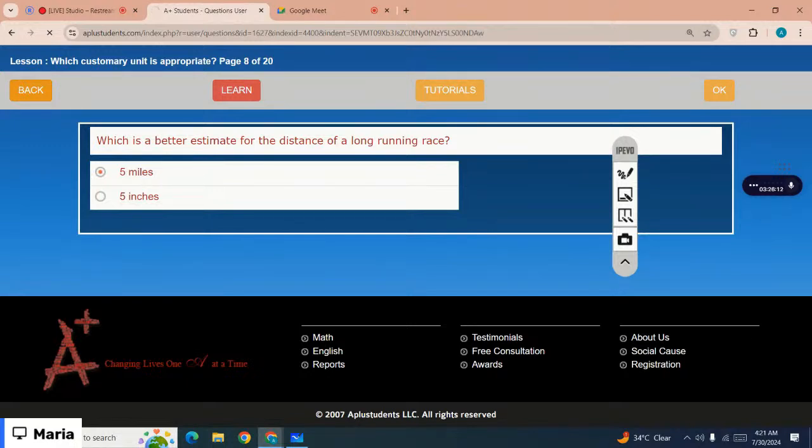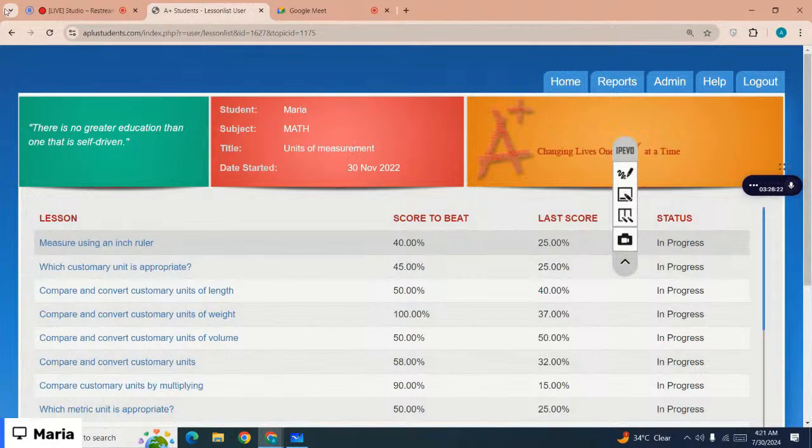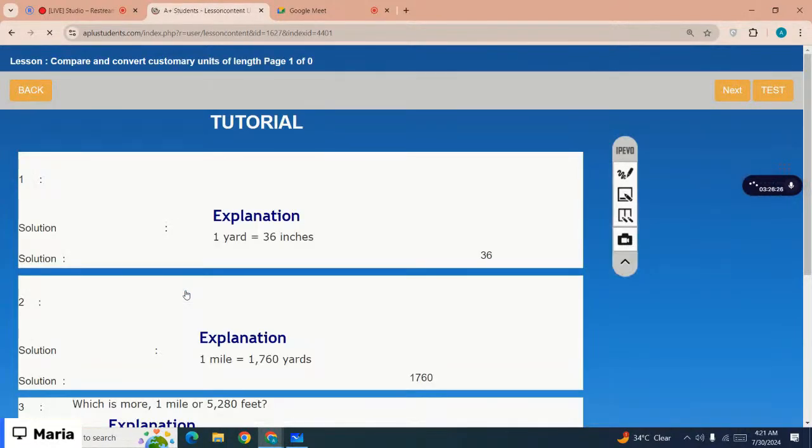And the next lesson is compare and convert customary units of length.